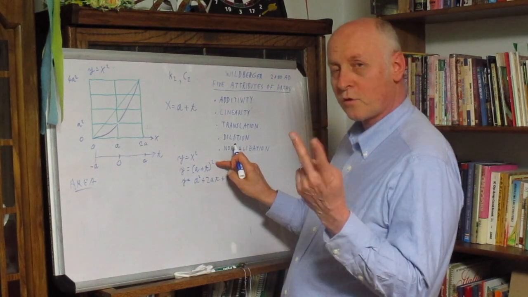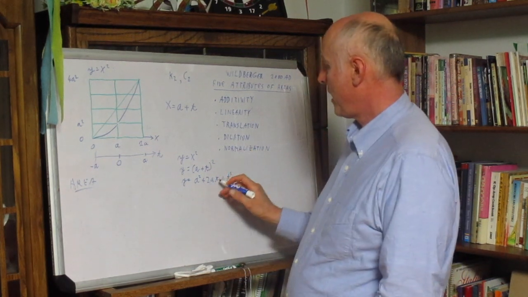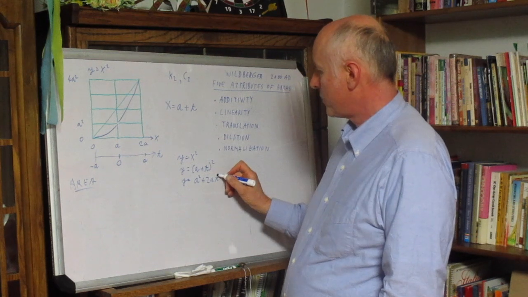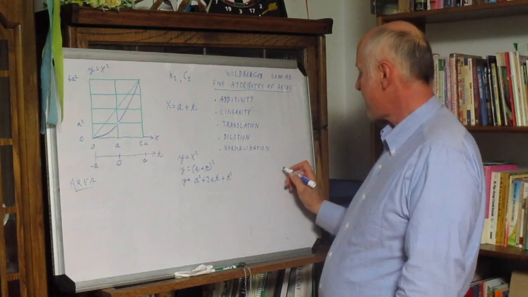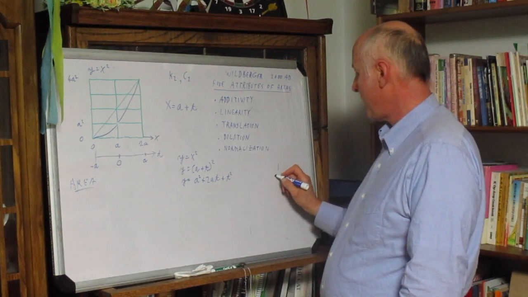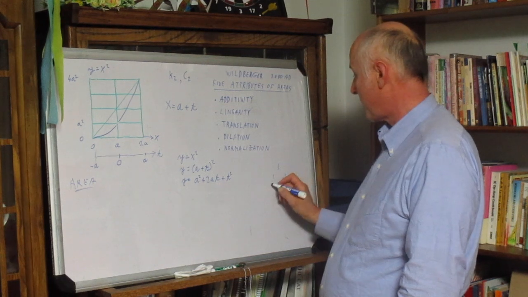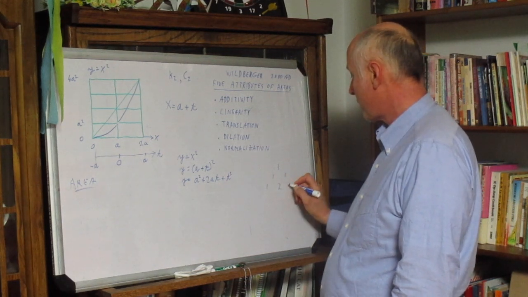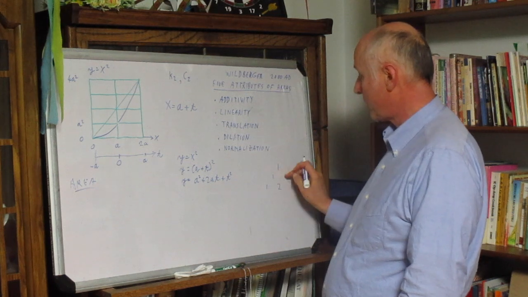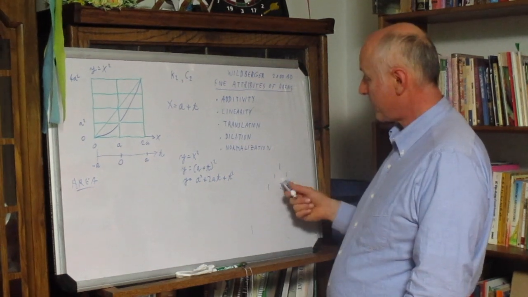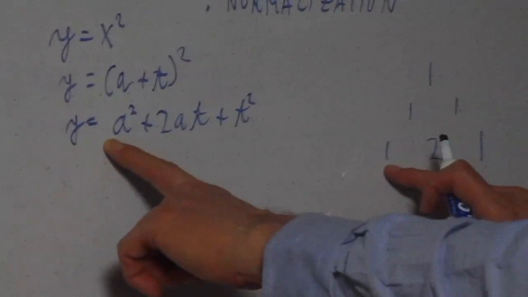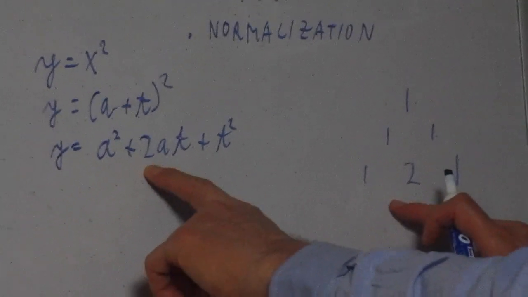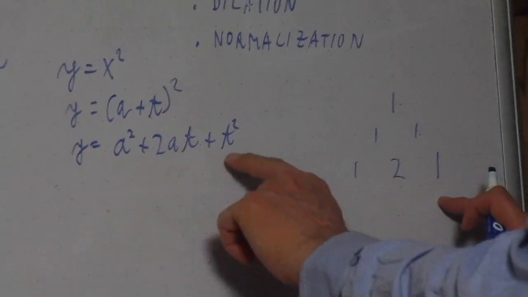The power is 2, and this is what you get. With binomial expansion, it's nicely summarized here using Pascal's triangle. 1, 2, 1. Do you see how this works? This is Pascal's triangle. That goes with this binomial expansion because we get 1a squared, 2at, and then 1t squared.